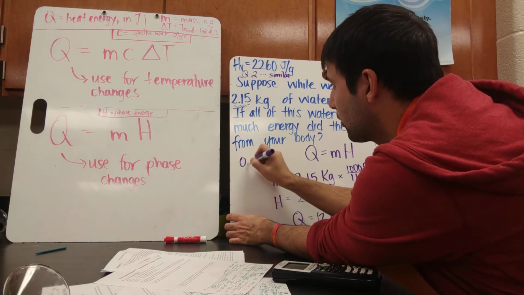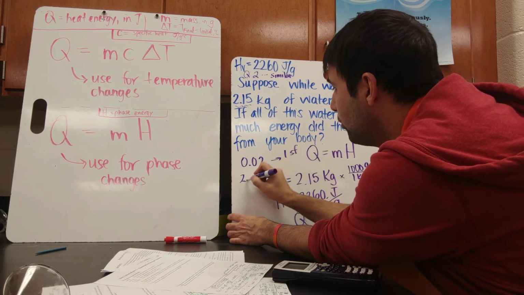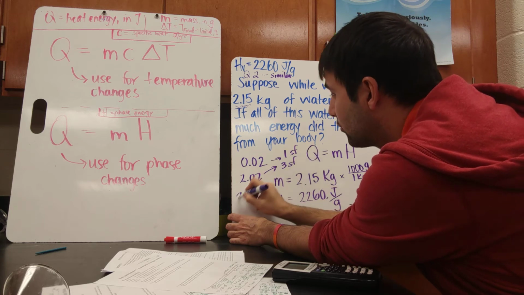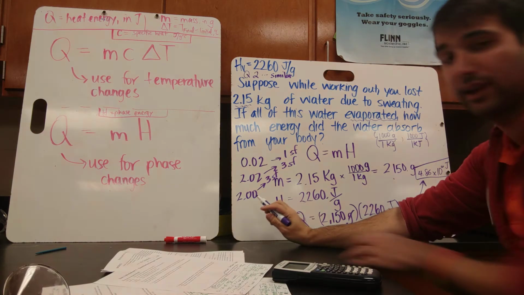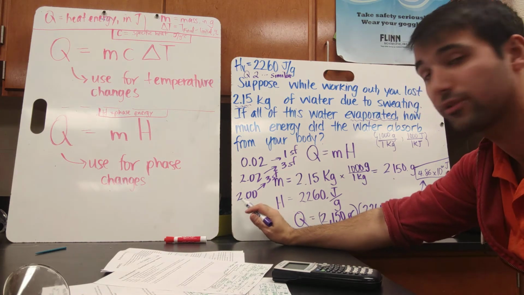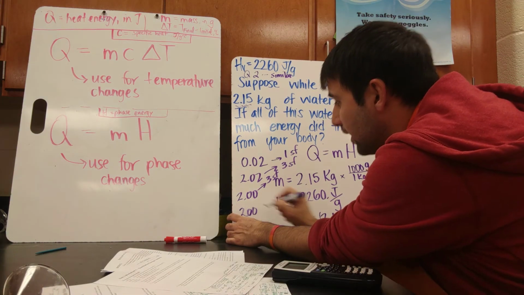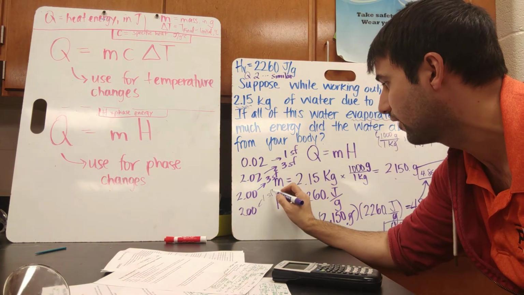So something like 0.02 has 1 sig fig. 2.02 has 3 sig figs. 2.00 also has 3 sig figs, because these are zeros after a non-zero with a decimal point. The number 200 with no decimal point has 1 sig fig.